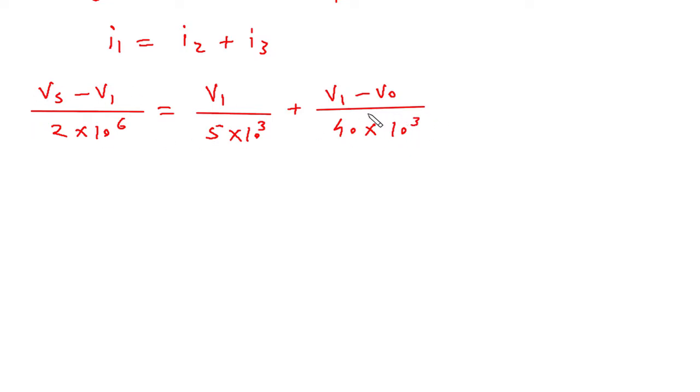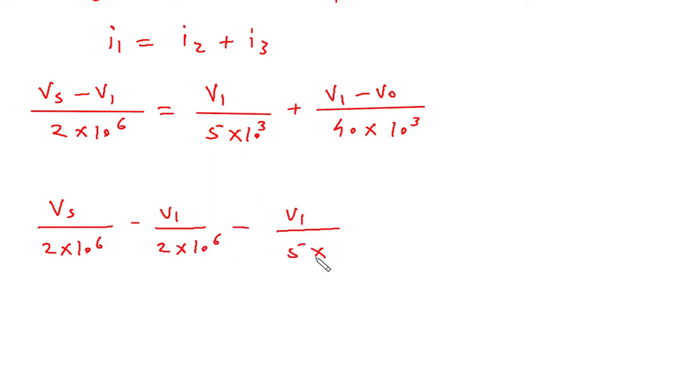Now we will simplify this. So this will be Vs by 2 into 10 to the power 6 minus V1 by 2 into 10 to the power 6 minus V1 by 5 into 10 to the power 3 minus V1 by 40 into 10 to the power 3.